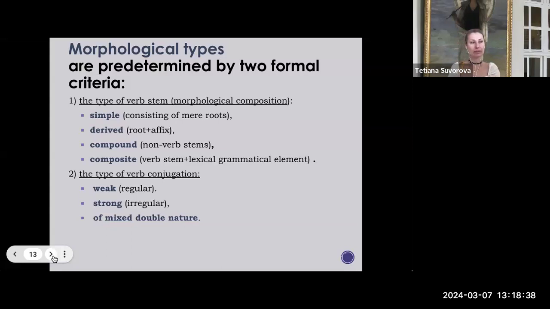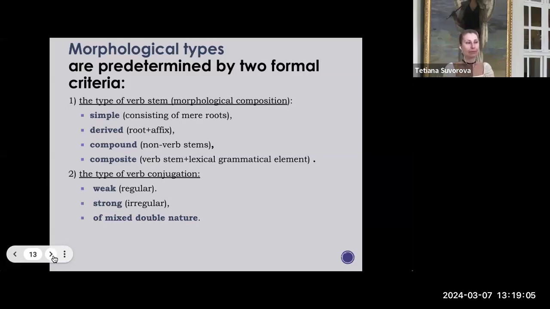And composite: if compound verbs are written together, then composite ones are written separately, but are treated as one unit to express one meaning. Yes, to look for, шукати, to look after, so take care of something, of somebody or something. So it changes the meaning, absolutely.